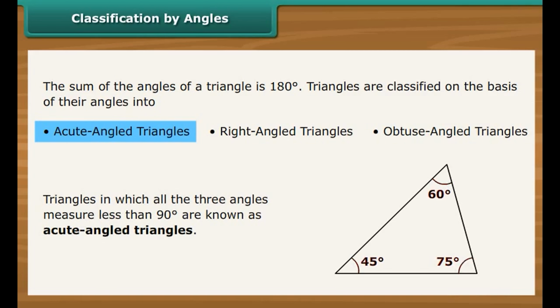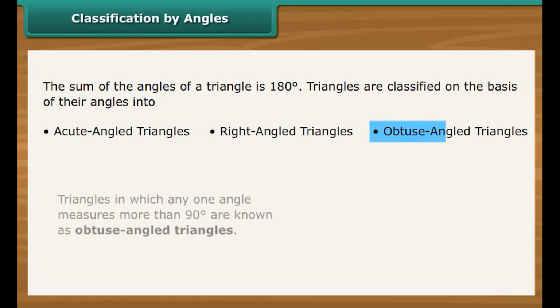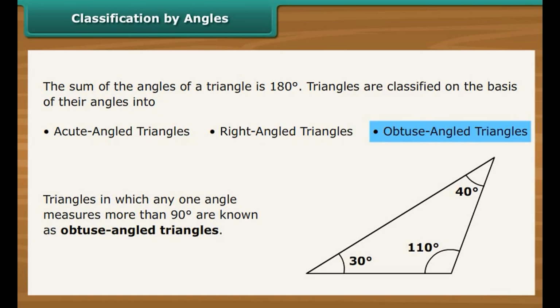Triangles in which all the 3 angles measure less than 90 degrees are known as acute angled triangles. Triangles in which any one angle measures exactly 90 degrees are known as right-angled triangles. Triangles in which any one angle measures more than 90 degrees are known as obtuse angled triangles.